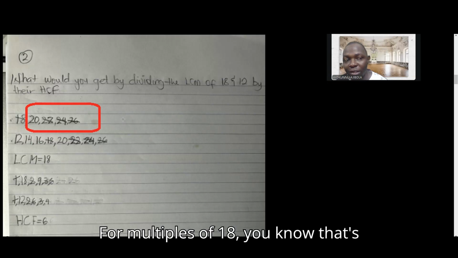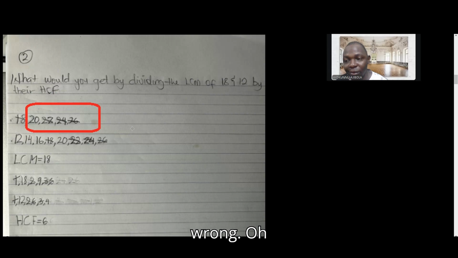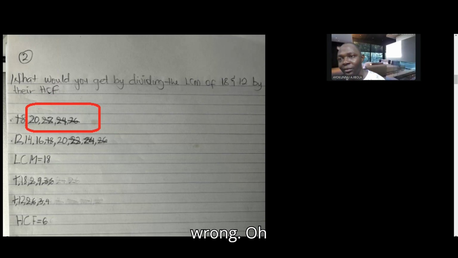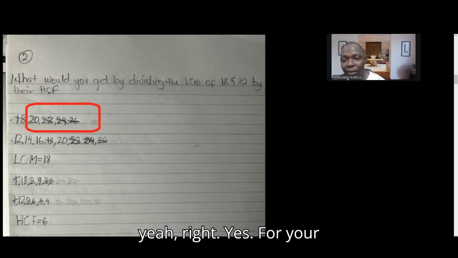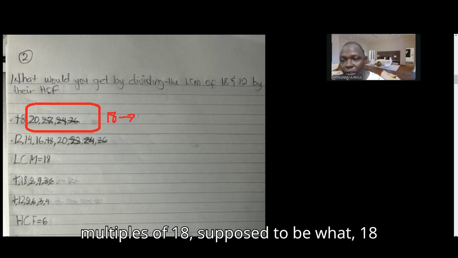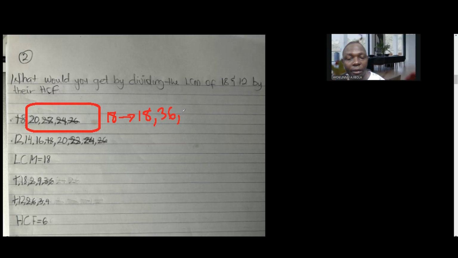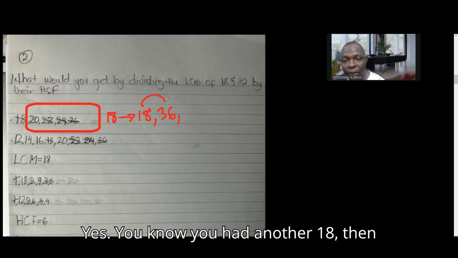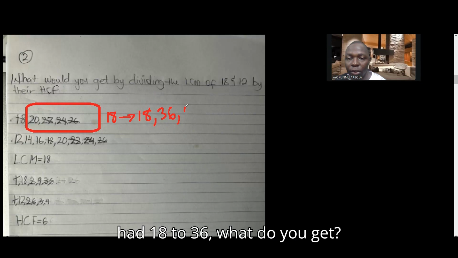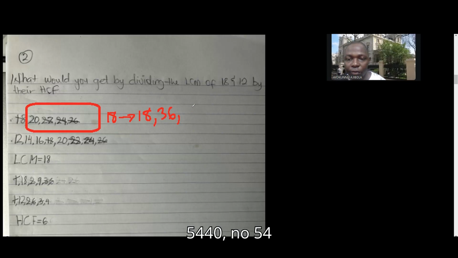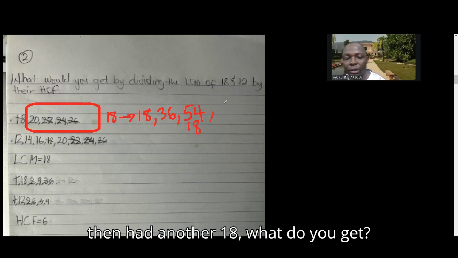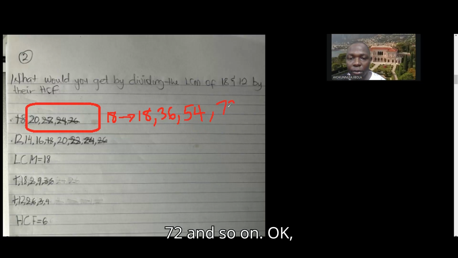For multiples of 18, it's supposed to be 18, then 36, right? Then add another 18 to 36. What do you get? 54. Then add another 18. What do you get? 72, and so on.